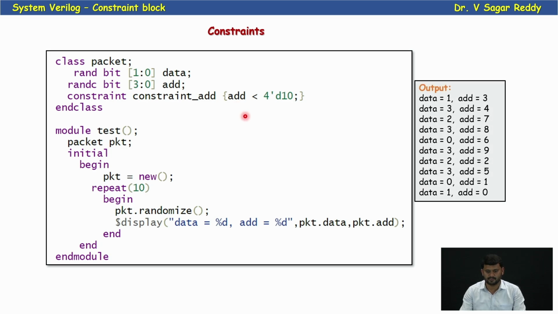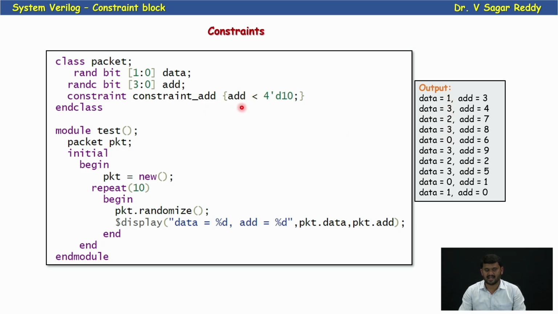If you see the output for this program, it generates the data value. What is the range of data? 1 down to 0, so the range is 0, 1, 2, 3. It generates randomly 0, 1, 2, 3 in between that.